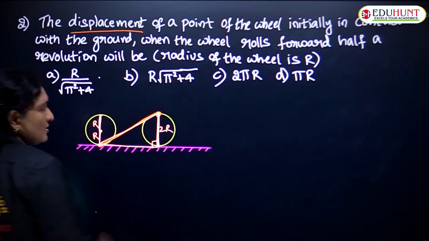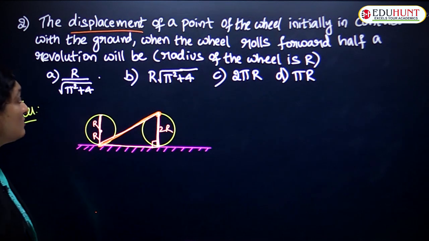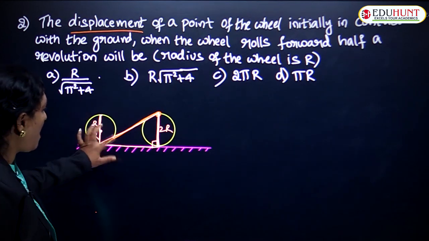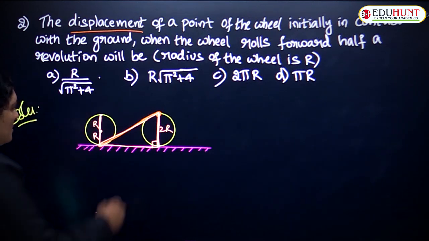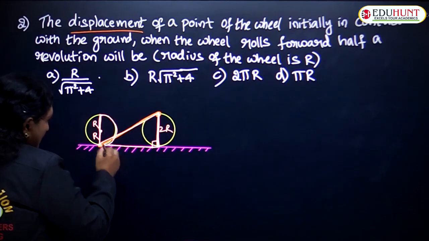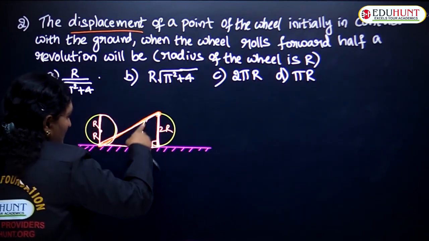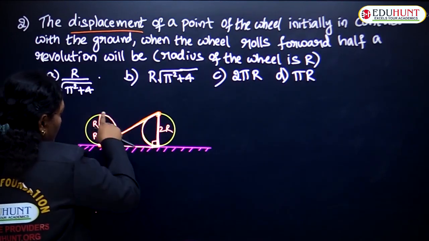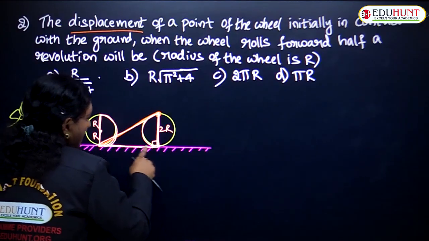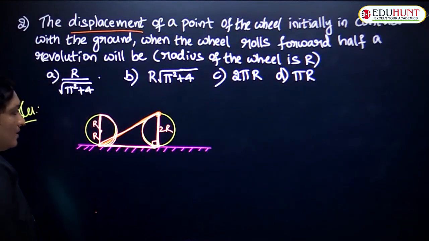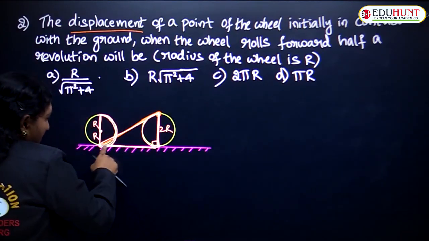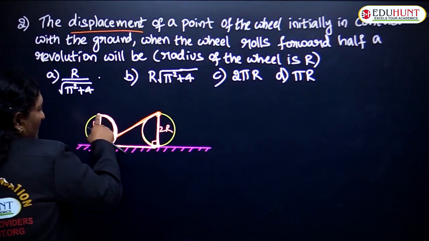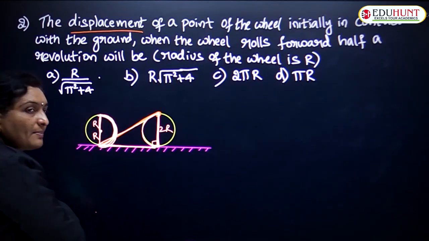This length is 2R. And only half a portion has been covered, so this portion after rolling has come to the other side, in contact with the ground. So this portion length is nothing but the semicircular portion.